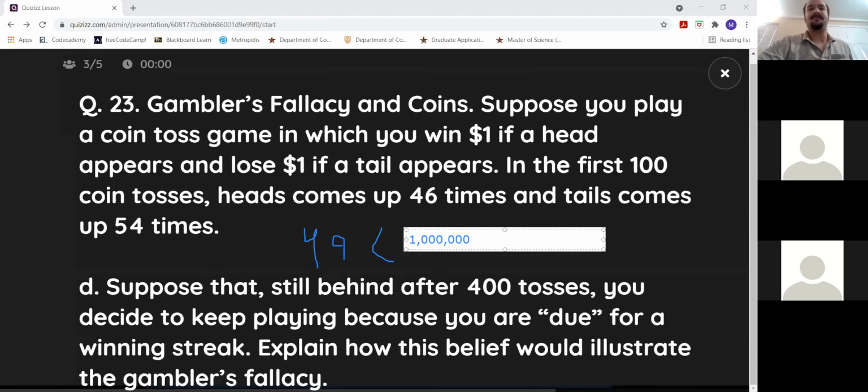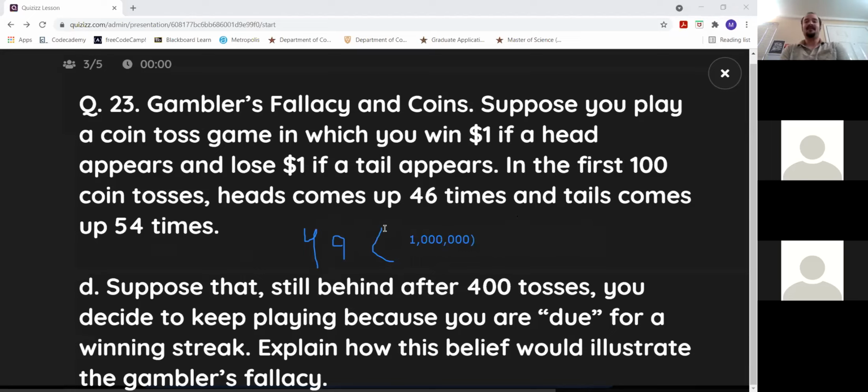I don't even know what it is. 0.49 times a million, and we're going to subtract 0.51 times a million. You're 20K in the hole then. Even if it gets better proportionally, the more trials you get, the more in the hole you're going to be, as long as this is below 50.